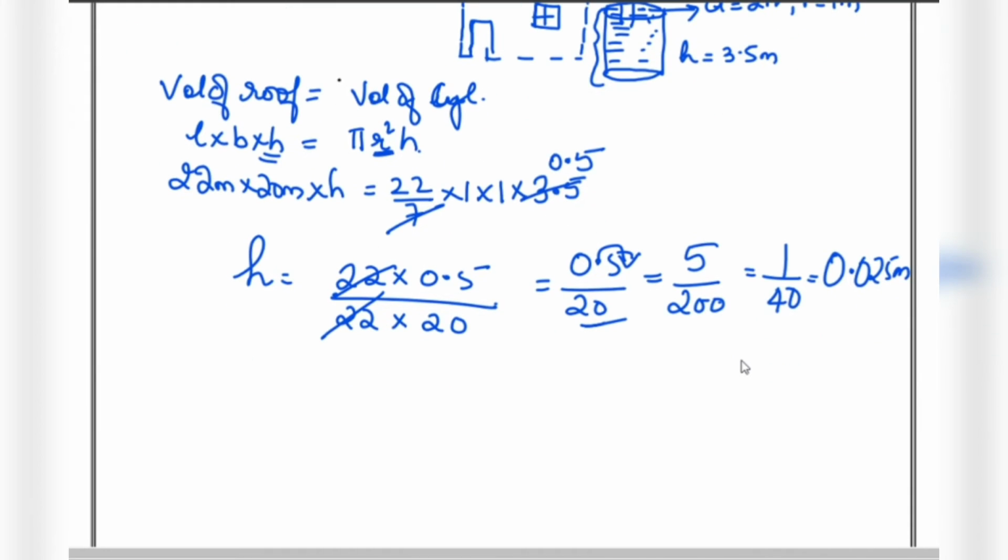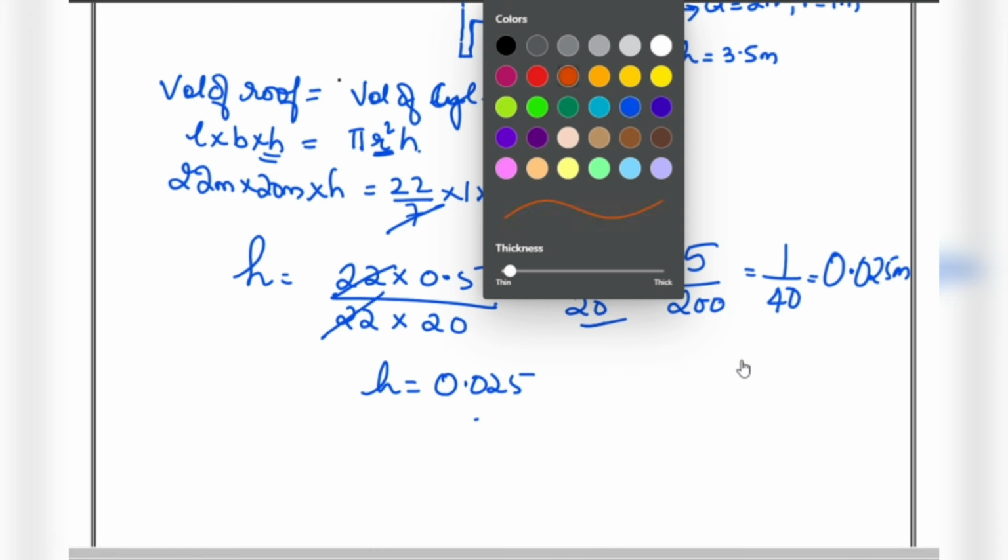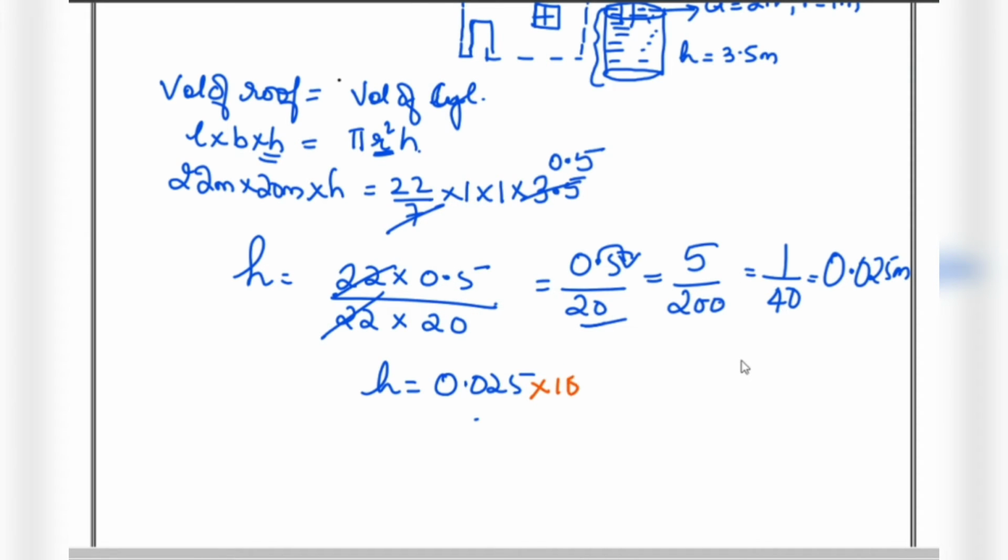The question asks us, usually rainfall is measured in centimeters. So height here, what we will do, 0.025 into 100, because bigger unit to smaller unit.